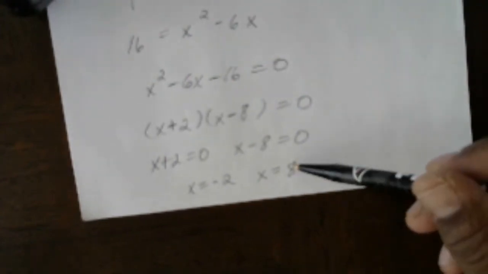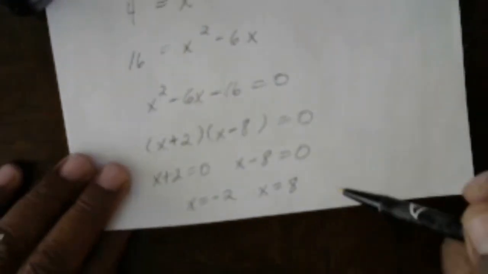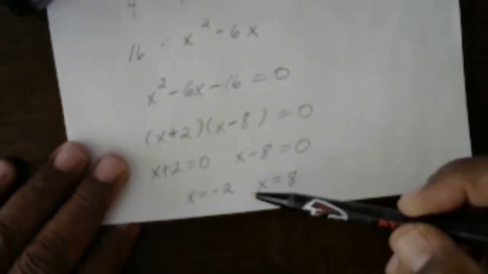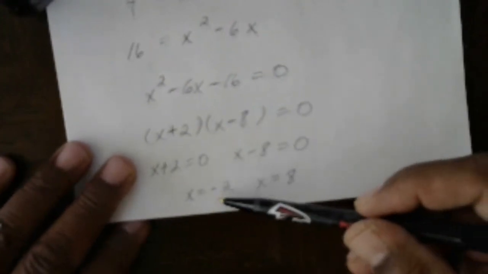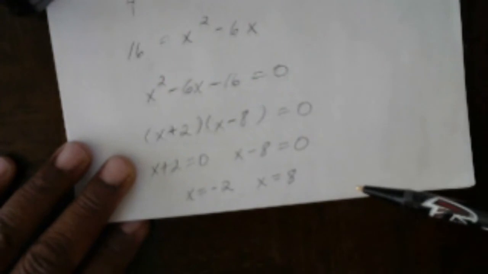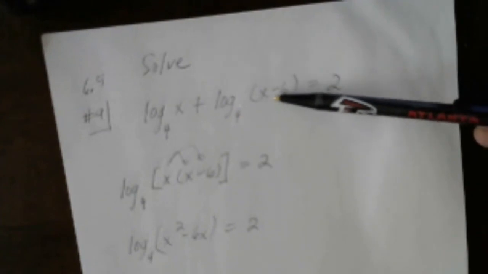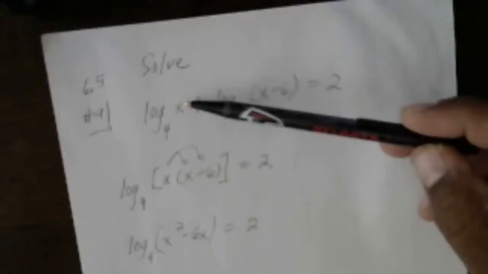Now we must check our solutions with our original problem, because notice that with the natural logs, we can't have zeros or negatives. Excuse me, we can't have negatives as arguments.